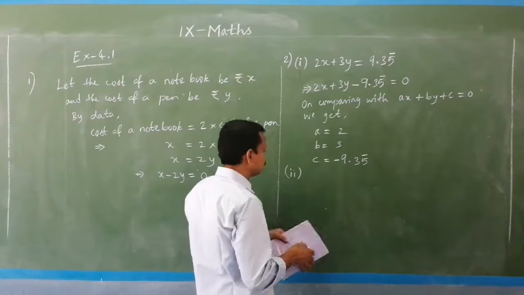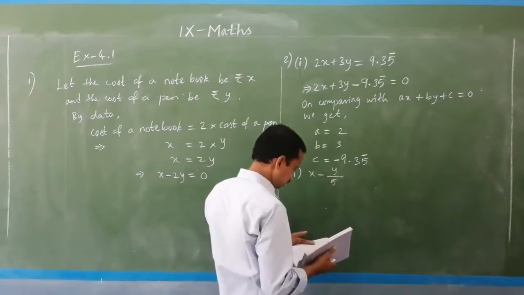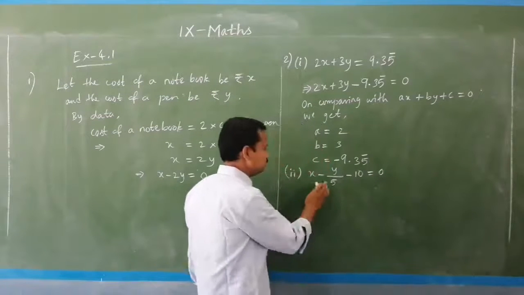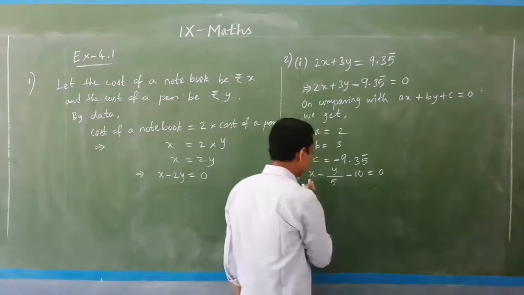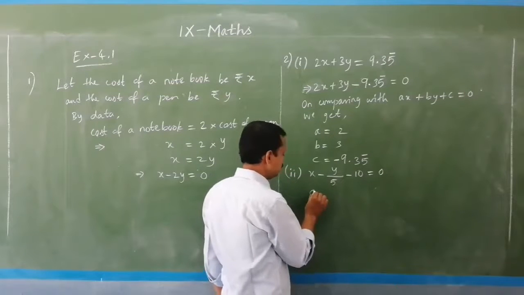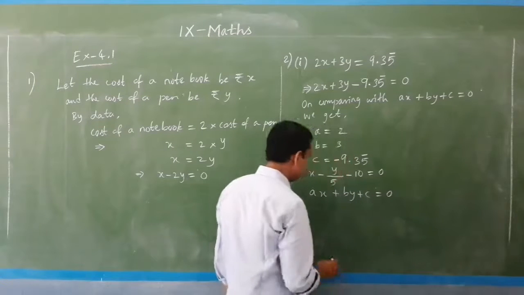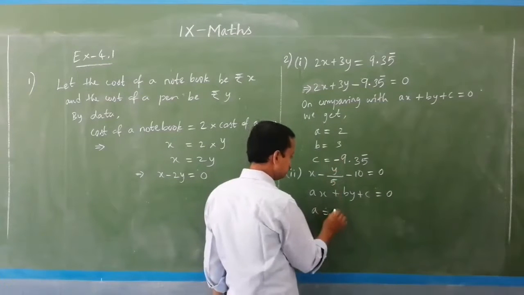x minus y by 5 minus 10 equal to 0. So, this is already in general form, because on the right side 0. Here x variable is there, y variable is there and constant is there. So, comparing with Ax plus By plus C equal to 0, A equal to what? 1.